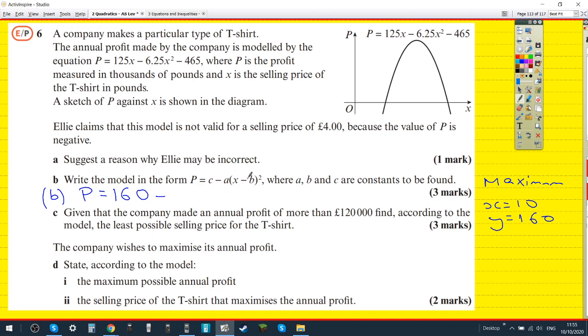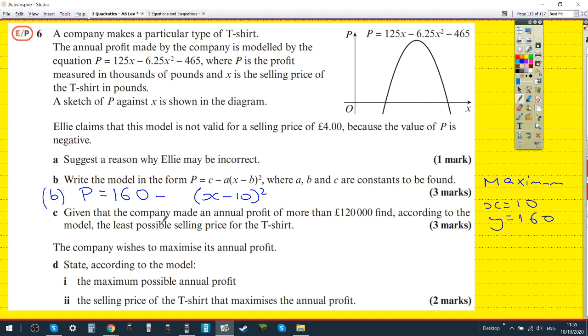Or what can you put in? We can put in b, which is x. And so, what number is it? 10. And then squared. Yes, so that's x minus 10 squared. And a, I think, is just always a from the original one, because you always have to factorize it to make it equal to 1x squared. Yeah.